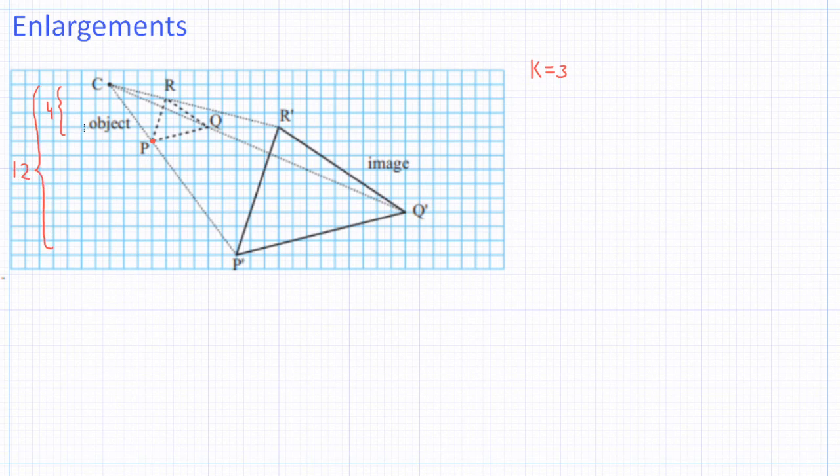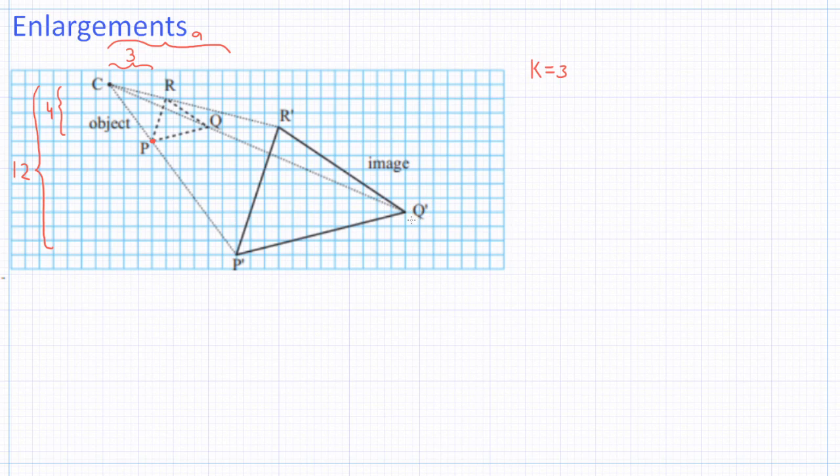If you didn't have all this image, you would still be able to calculate. Same thing here, it's 3 forward. Since it was 3 units forward, now it's going to be 3 times K, so it should be 9. And if we count, we can clearly see that this is 1, 2, 3, 4, 5, 6, 7, 8, 9.